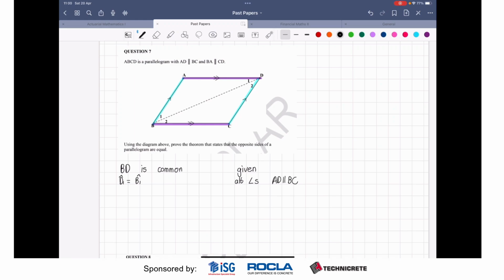And then similarly, I can say that angle D2 is equal to angle B2. Same alternate angles, but now I'm using the other pair of parallel sides, which is the AB and the DC.